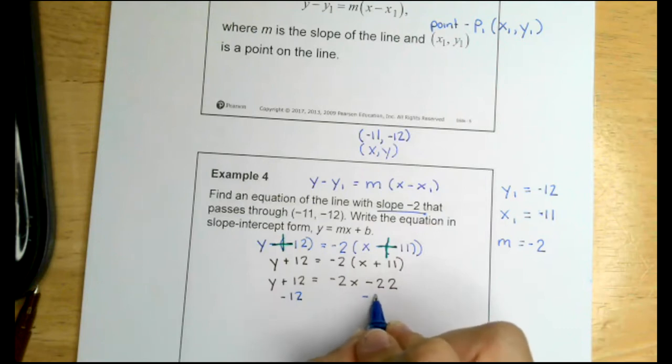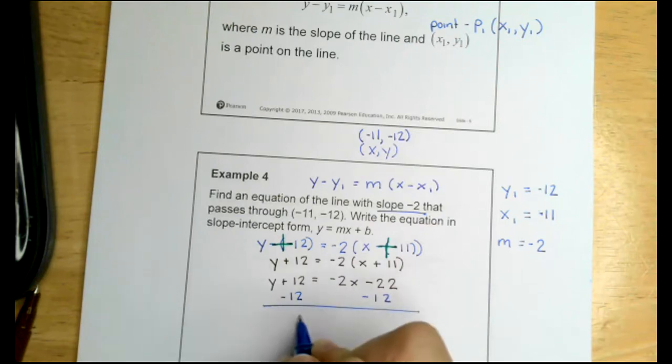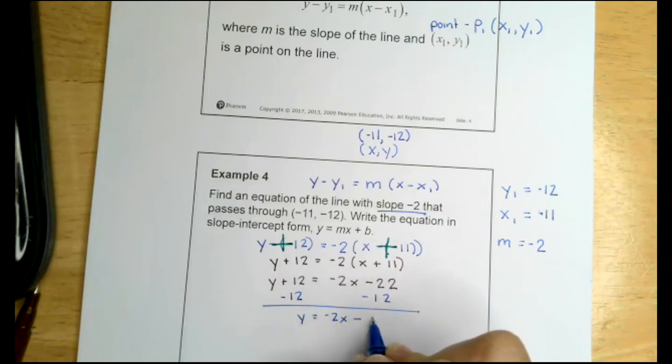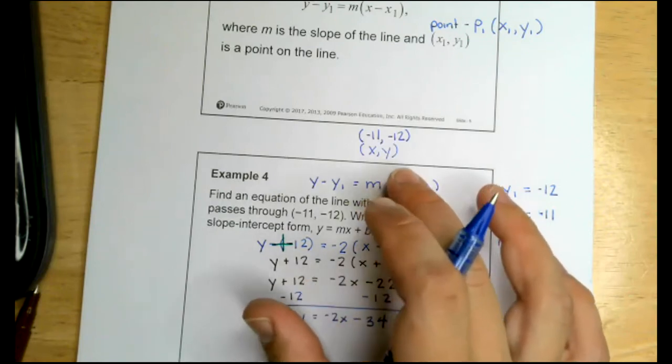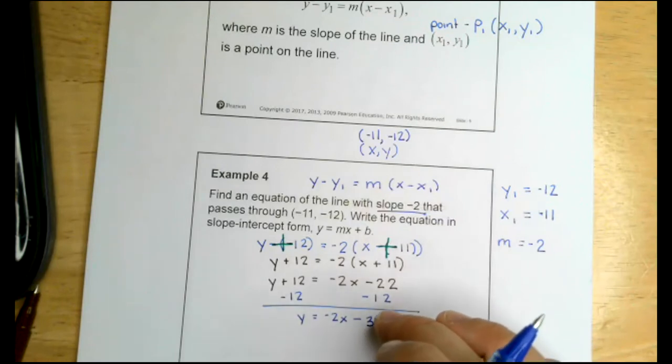Subtract the 12, subtract the 12. Y equals -2x minus 34. Okay, and you're done. So you went from the point-slope form to the slope-intercept form.